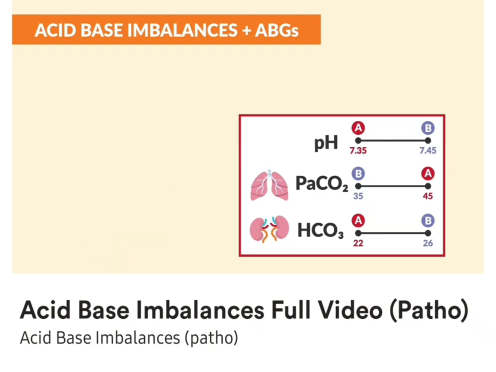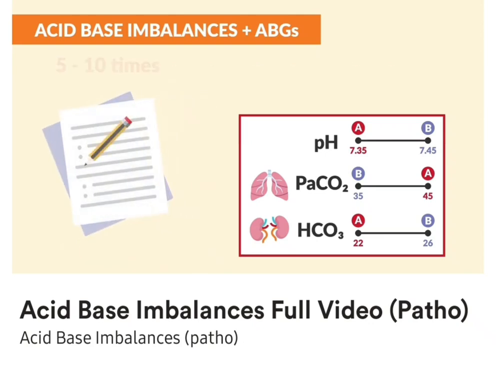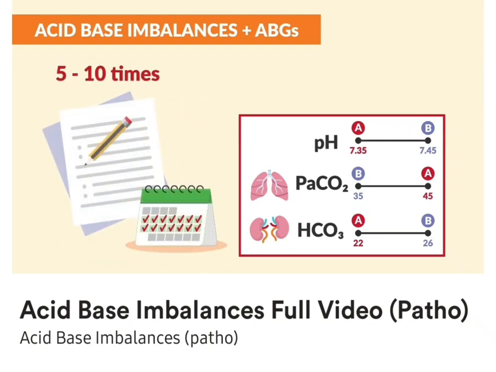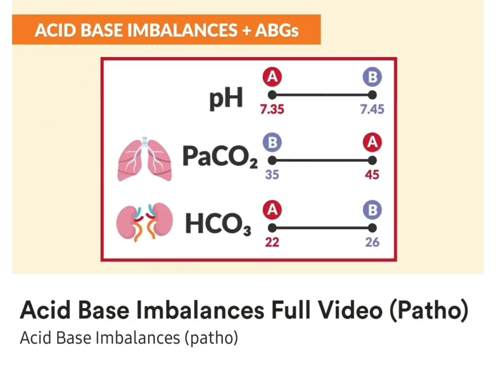So I recommend using this chart and writing it out 5 to 10 times every single day the week of your exam. So pause your screen and write this down, then we'll break it down and I'll explain why it's so perfect. Okay, now this chart is so great because it's so organized.